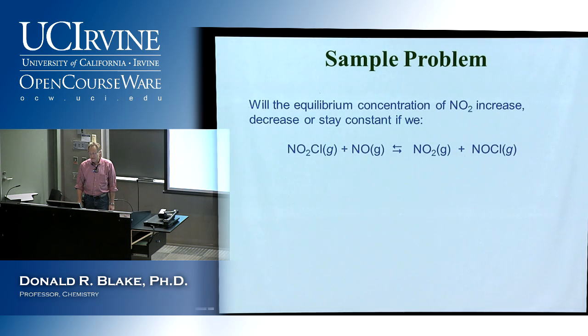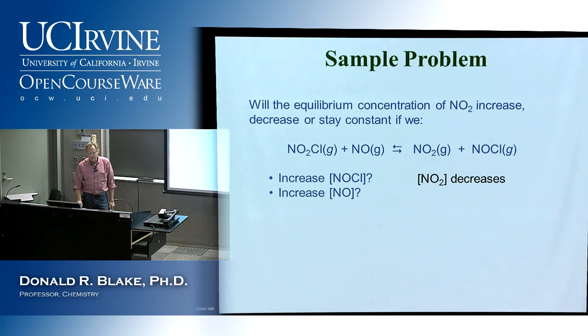Will the equilibrium concentration of NO2 increase or decrease or stay constant if we...? So we're always looking at NO2. Here's the first question. I want to know what's going to happen to NO2, increase or decrease, if we increase NOCl. What's it going to do? That's right.